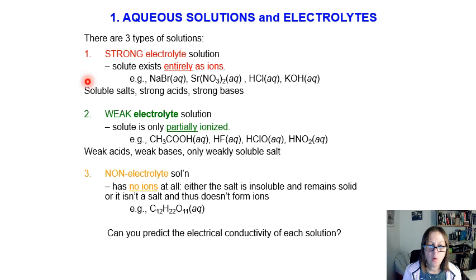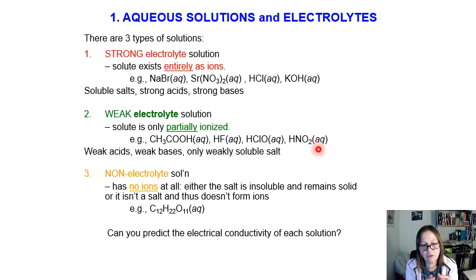Then we have weak electrolyte solutions. In this case, the compound or the solute that we're looking at is only partially ionized. That will be the case for weak acids, such as here, acetic acid, HF, HClO, or HNO2, weak acids that will only partially dissociate.